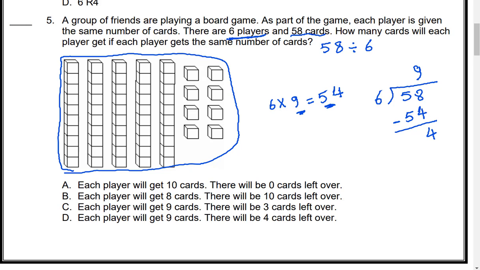Yes, continue. 5 minus 5. 0. Do we have any more digits here? No. We have used all the digits that we have. We have only 5 and 8, and we used them. So, that's all. What's the remainder? The remainder is 4.